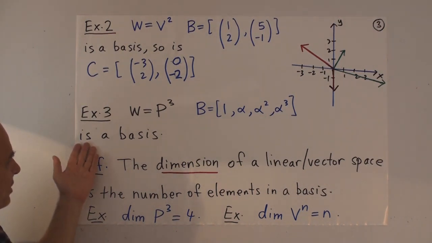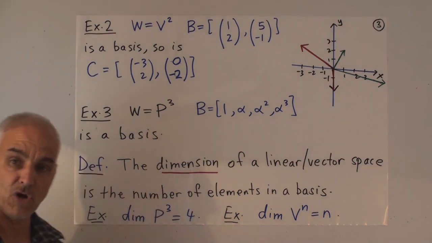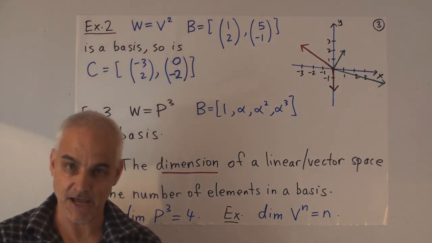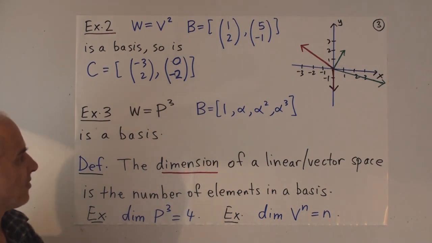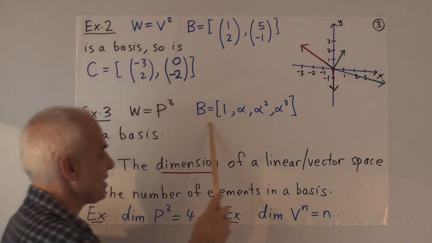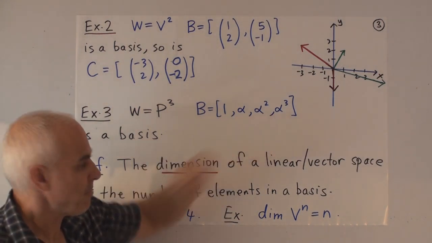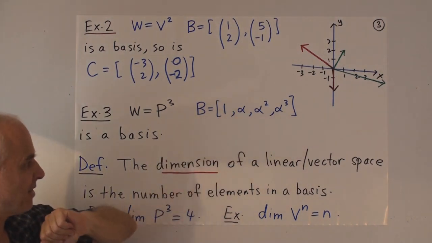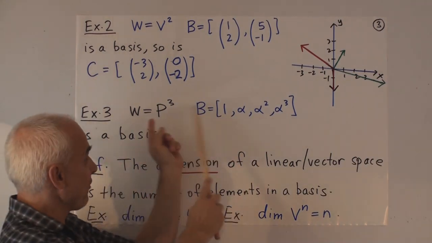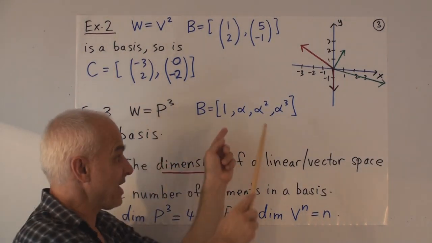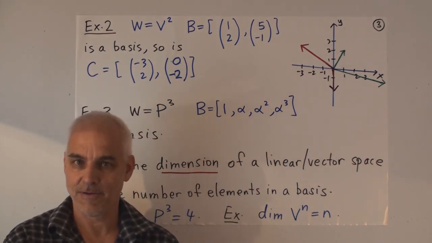Here's a more abstract example involving a space of polynomials. The space of polynomials that we're particularly interested in today is the space P3 of polynomials of degree 3 or less. Here's a basis for that. These are all polynomials of degree 3 or less. And it's a basis because, first of all, every polynomial of degree 3 or less can be written as a linear combination of those four polynomials.